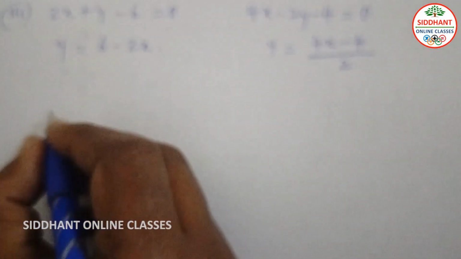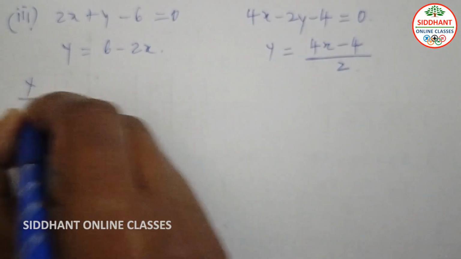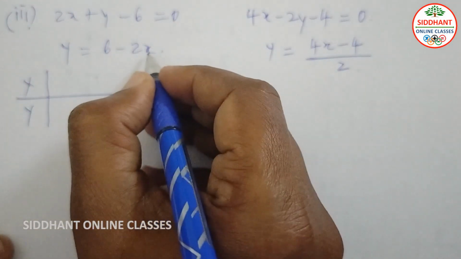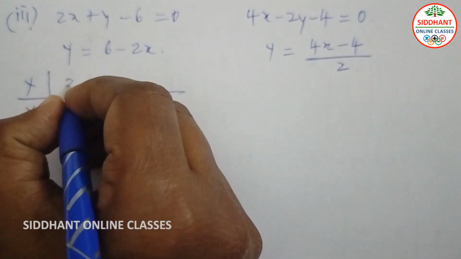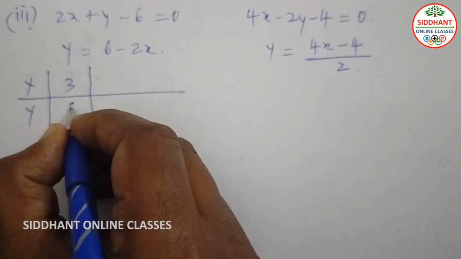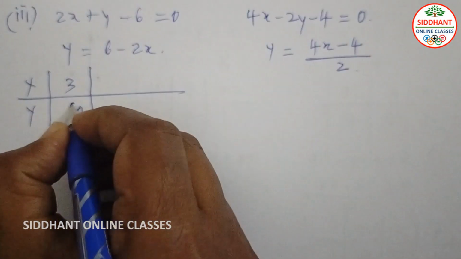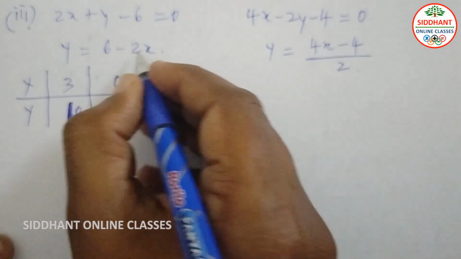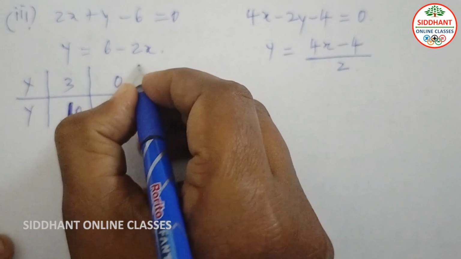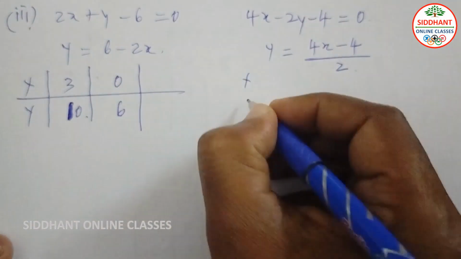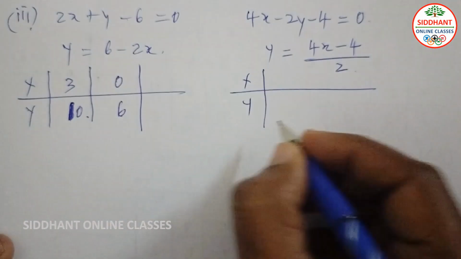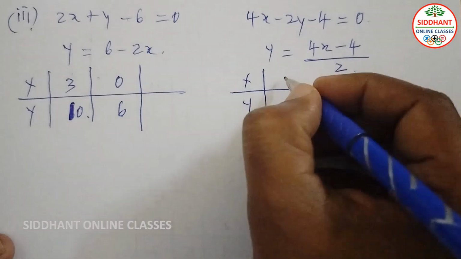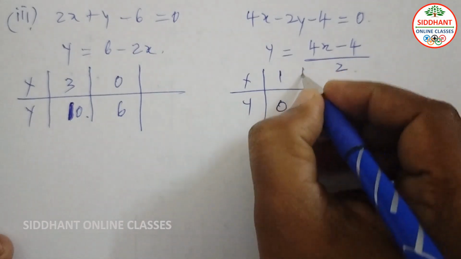Taking x and y: when x is 3, 2 into 3 is 6, 6 minus 6 is 0, so y will be 0.